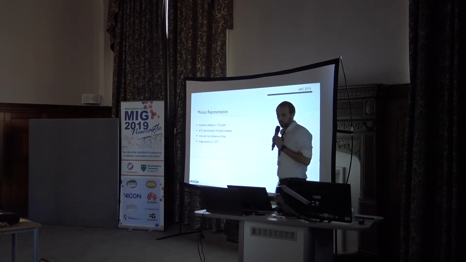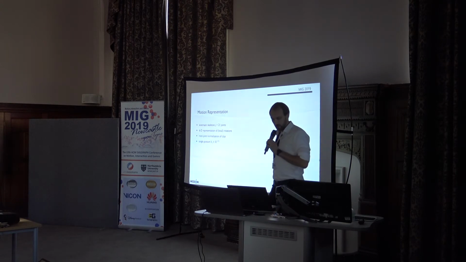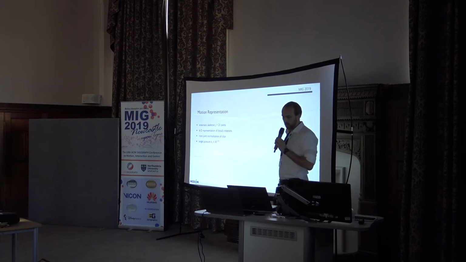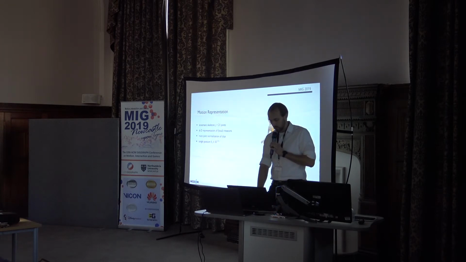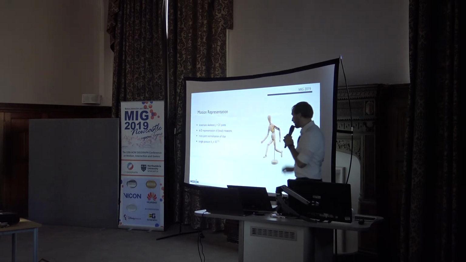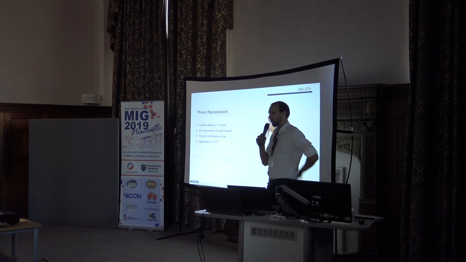We represented our motion on a kinematic skeleton, retargeted to the Unity mechanism system with 21 joints. And we used local rotations, but not as angles, Euler angles or quaternions, but as a 6D representation. Basically this one attaches 2 Cartesian vectors to each joint.